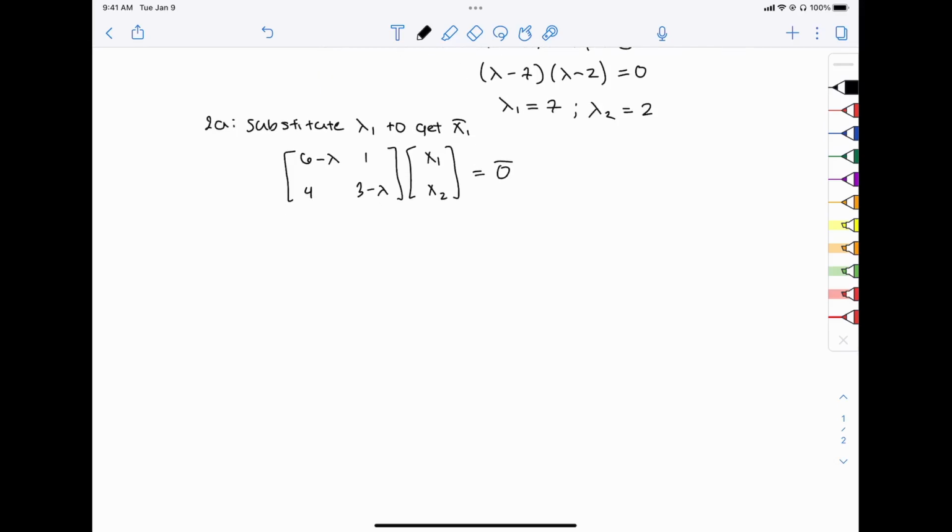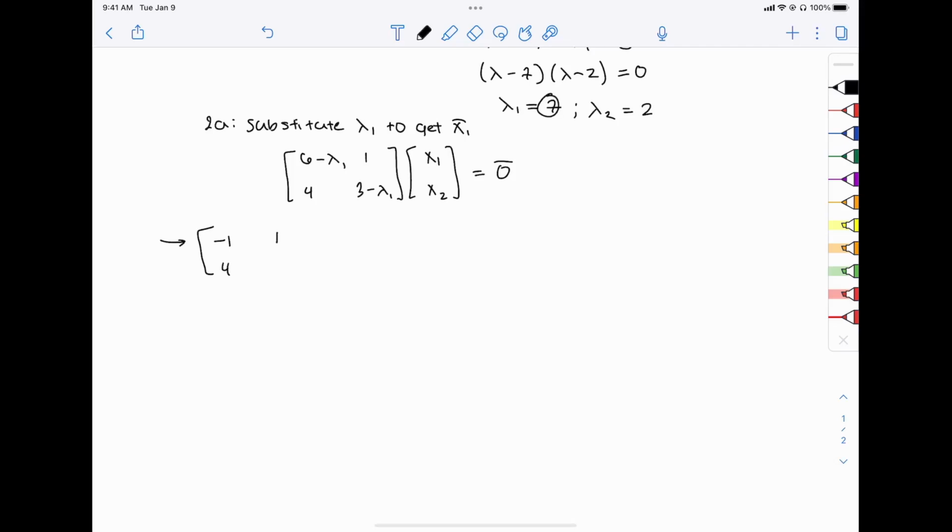Okay, and then we plug in. Well, we're doing lambda 1 here, so you can even write lambda 1. So 6 minus lambda 1, well, that's just 6 minus 7, which is negative 1. 1 stays there, 4.